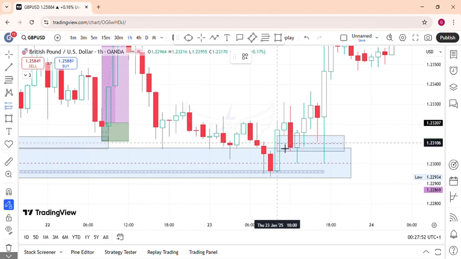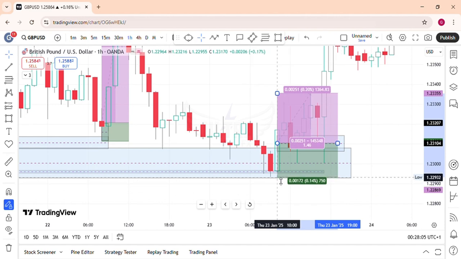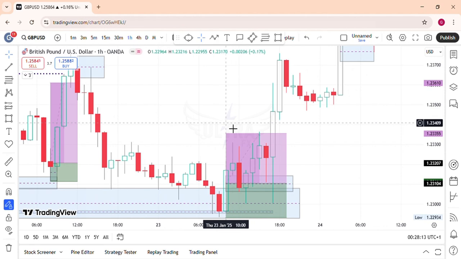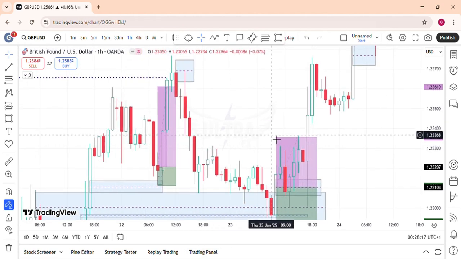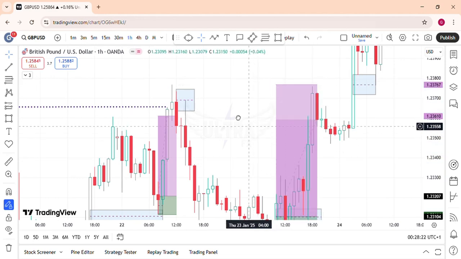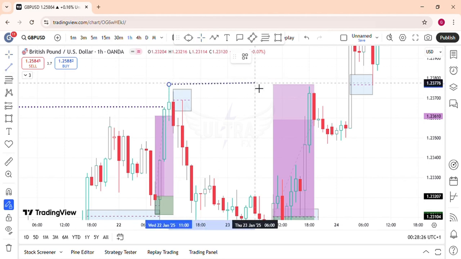But when you want to enter, you just put your stop loss. This is your entry here. You can put your entry at the center of your fair value gap and put your stop loss right below the low that created that fair value gap, and your take profit should be at the previous high.